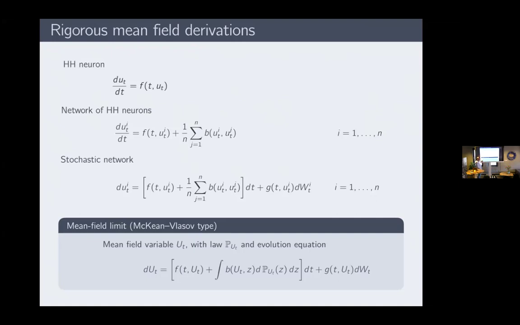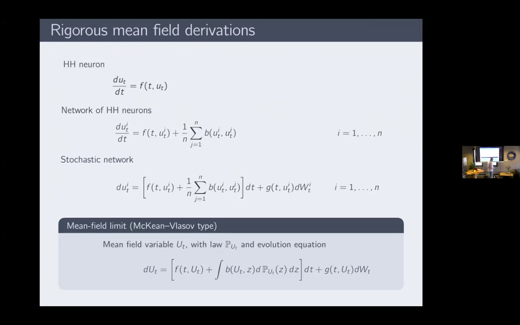The mean field that you get, let's say in a massively interconnected network, the average activity U is a scalar variable, which is good, but it's now a stochastic variable, which has a probability law p of u_t. And the evolution equation for U depends on its own probability.